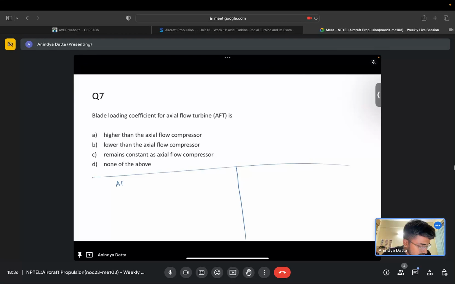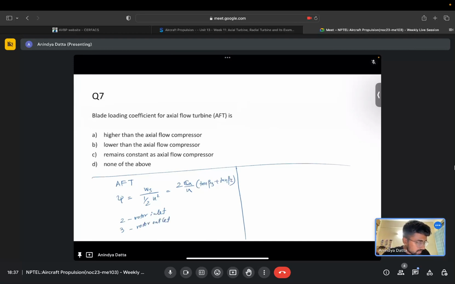For the axial flow turbine we have seen that the blade loading coefficient, which is again Ws by half u square, we got as 2 Ca by u (tan beta 3 plus tan beta 2). Here 2 is the rotor inlet and 3 is the rotor outlet.